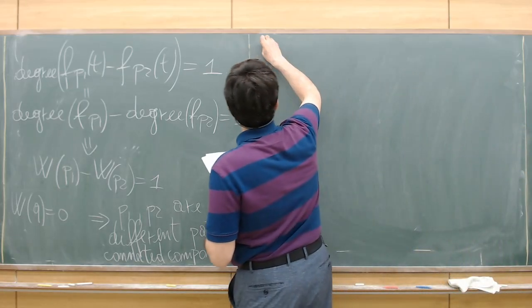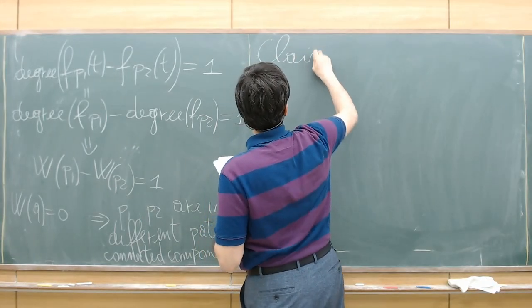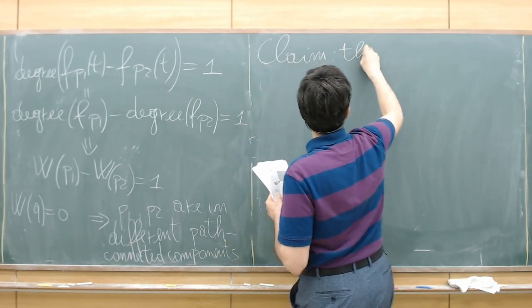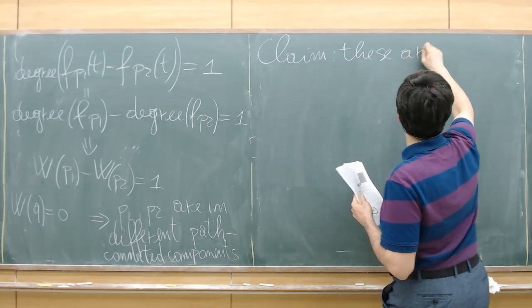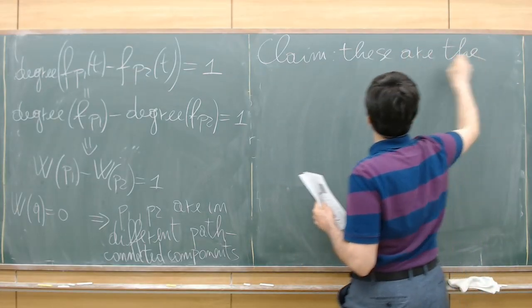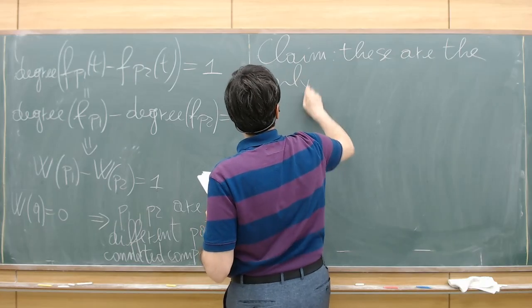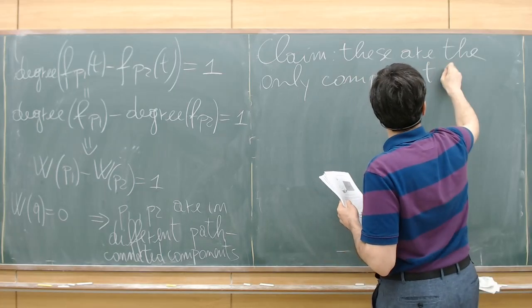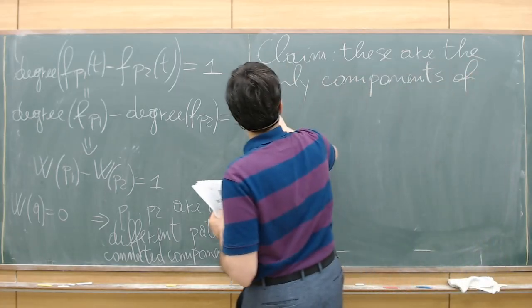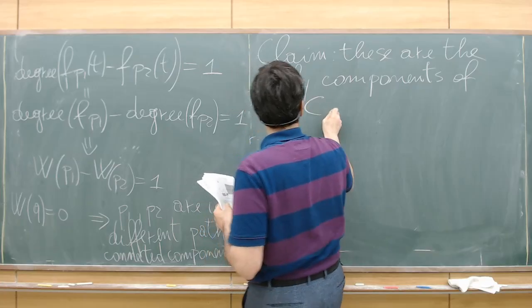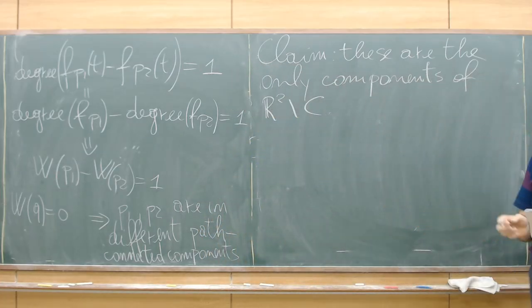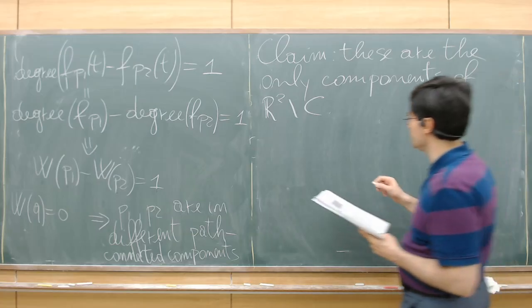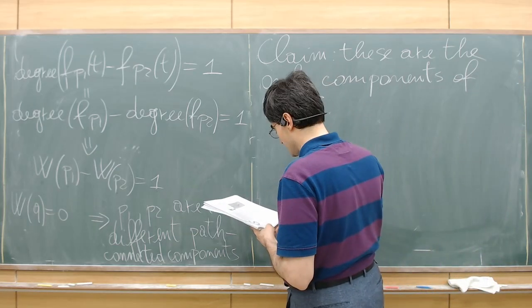Now we have to prove the following claim. These are the only components of R2 minus C. So this means that there are no others. Okay, how can this be done?